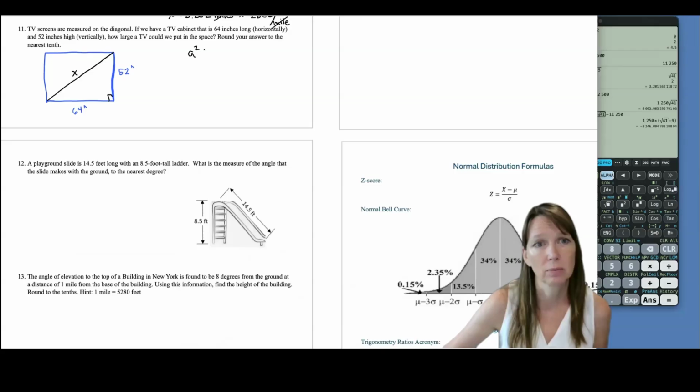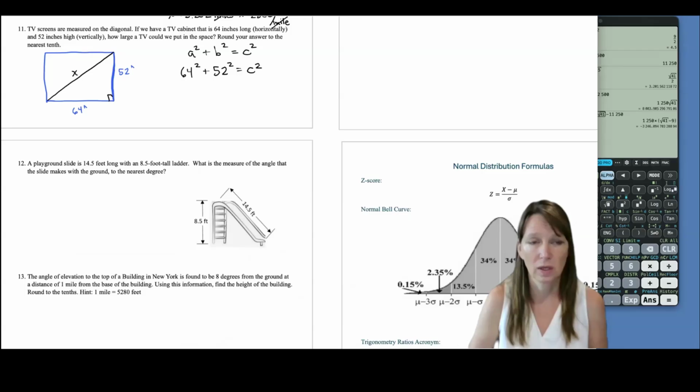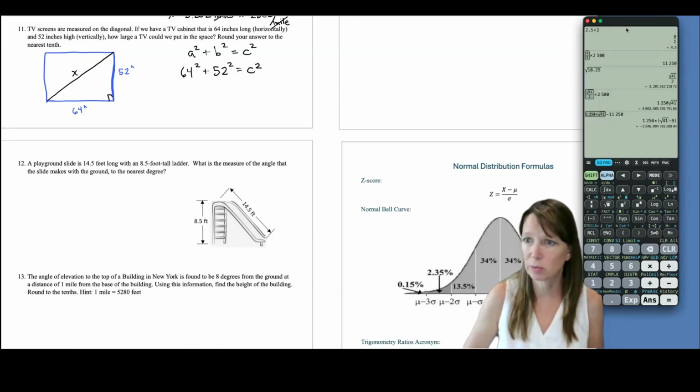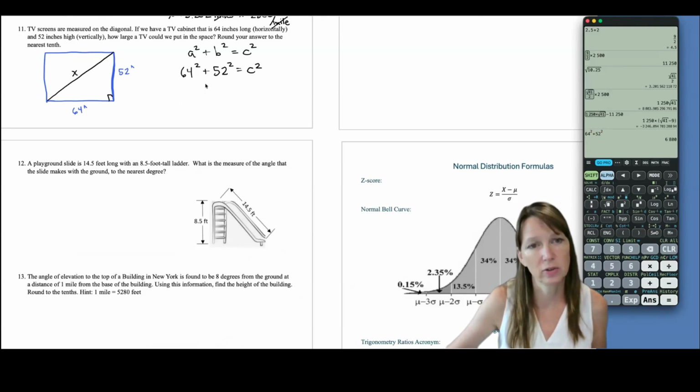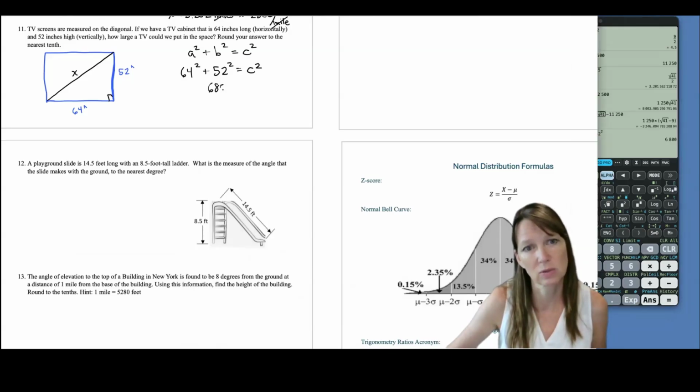We know that a squared plus b squared equals c squared. And the 2 sides meeting the 90-degree angle are 64 and 52. And we're just going to do similarly to what we did before. 64 squared plus 52 squared. That ends up being 6,800. That's equal to c squared.